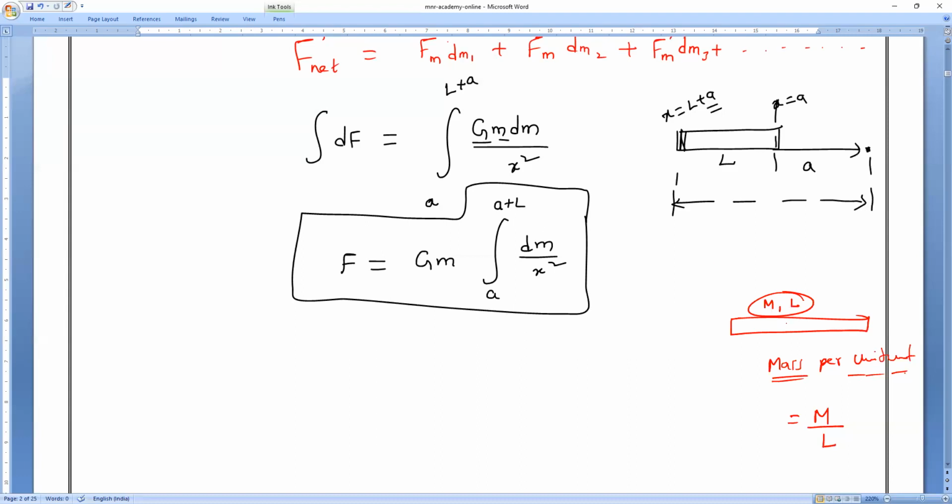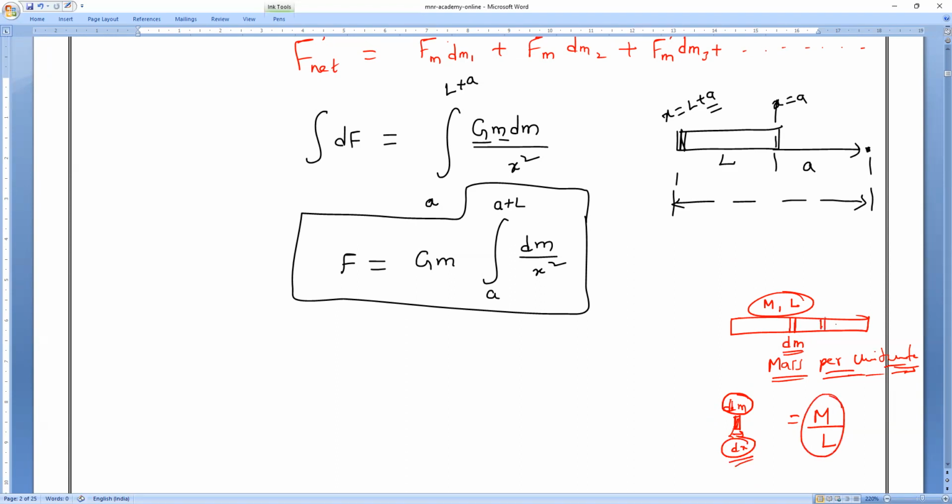If I take a very small mass dm, then if I take that particular segment, whose mass is dm and whose thickness is what? dx. So dm per unit dx, which is equal to this one.